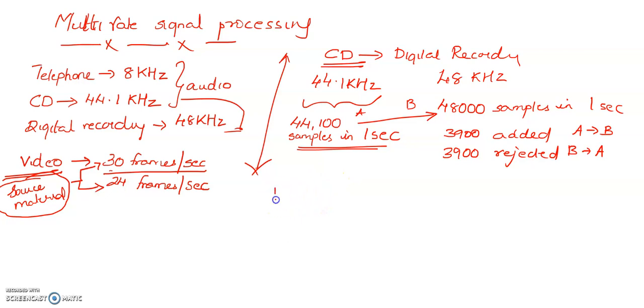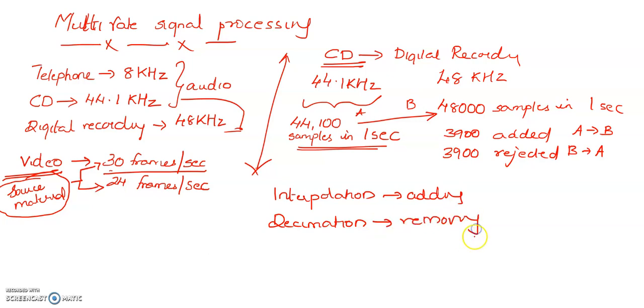Now this process of adding samples is known as interpolation, and this process of removing samples will be called decimation. With this, I hope we have got a basic idea.